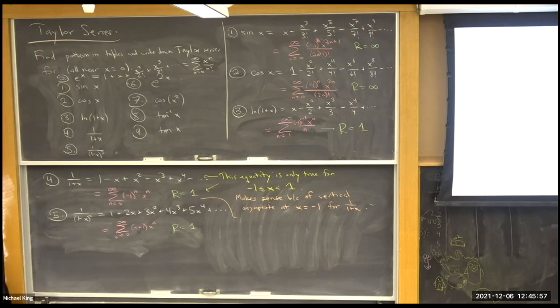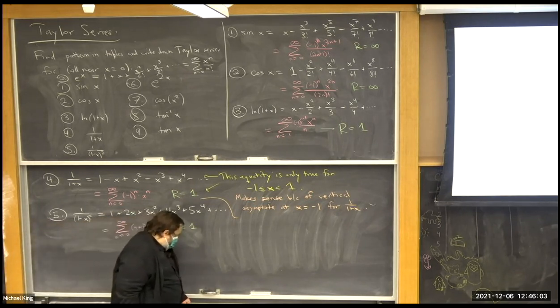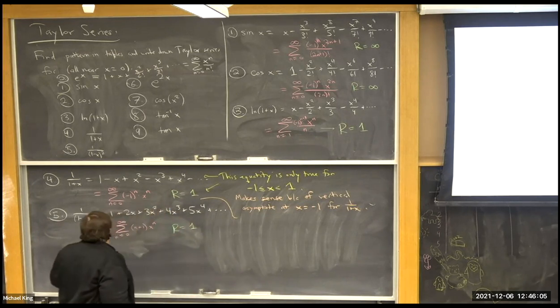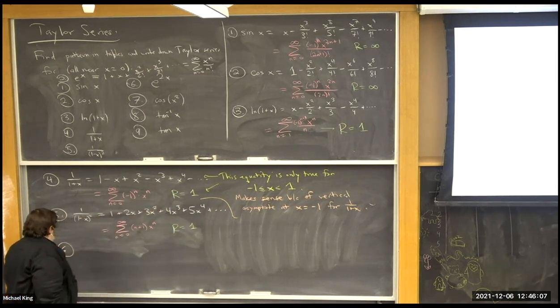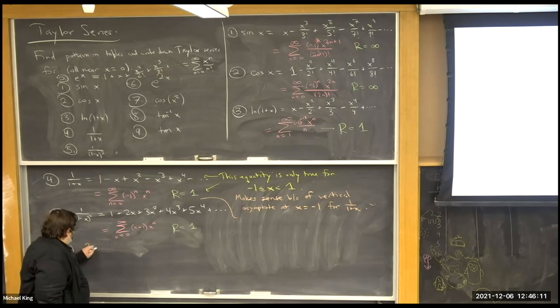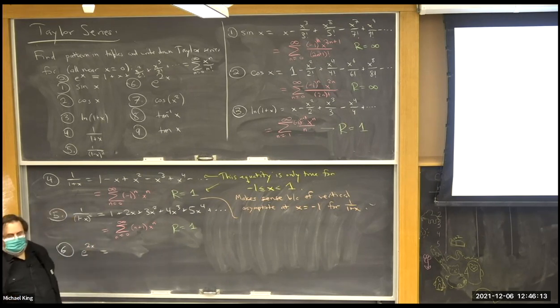I do want to talk about some of these other ones though, because some of you guys did e to the 2x, right? So a few groups got e to the 2x. What happened with e to the 2x? The groups who got it, what did you have over there? So you got 2 to the n over n factorial, x to the n.